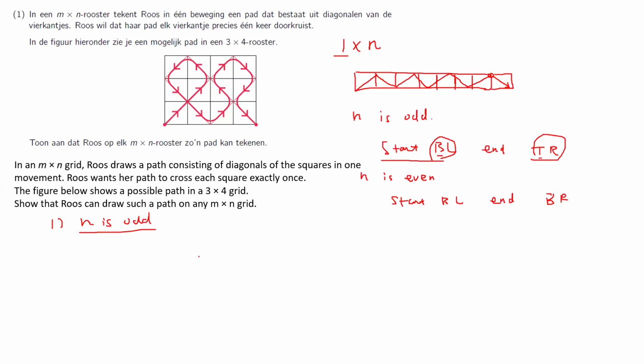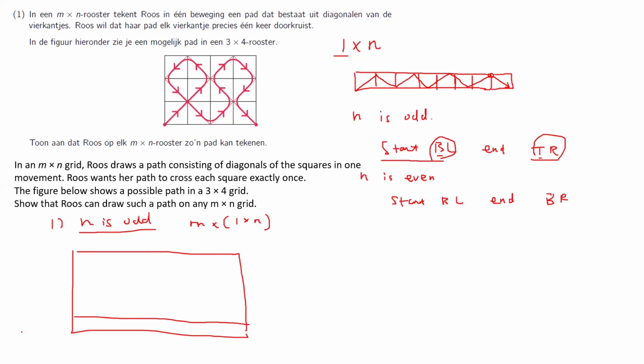That gives us the possibility that we can stack m copies of the 1 times n grid into the grid. Start with 1 times n, and here is again the 1 times n, dot dot dot, and at the end we have 1 times n. So we have m components like this.